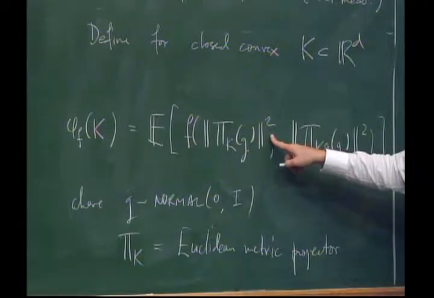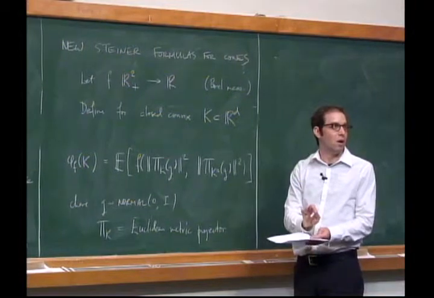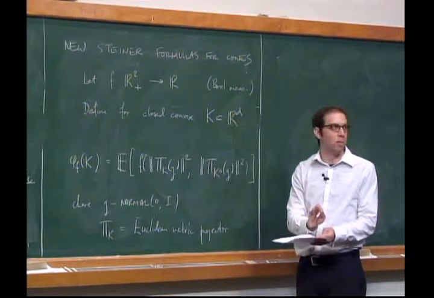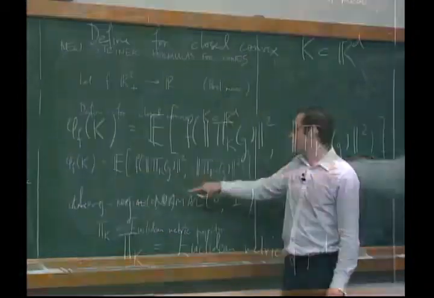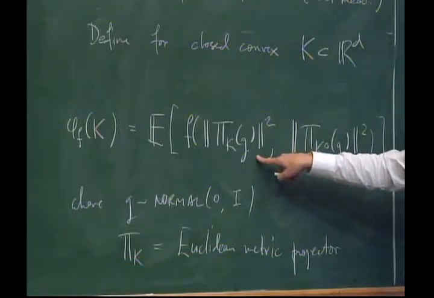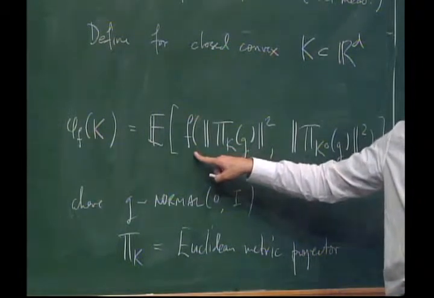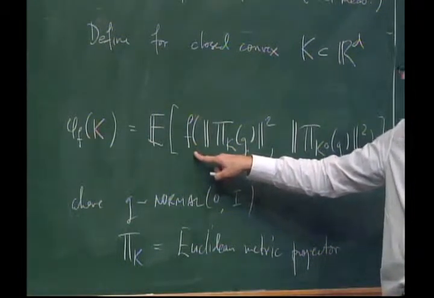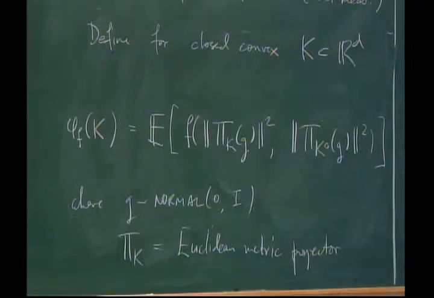Because you project a Gaussian onto a low-dimensional space, so it looks like a Gaussian on that lower dimensional space. That's roughly the intuition here. So these numbers here reflect things about the faces of the cone and the faces of the polar cone. And we are using this function f to manipulate how we treat different dimensional factors in these two coordinates.